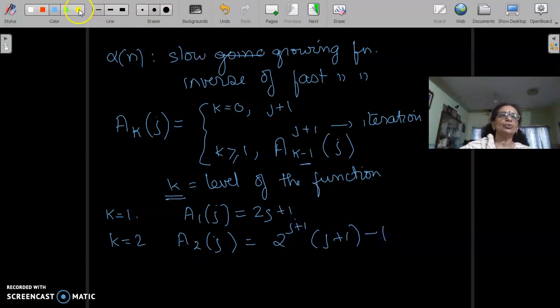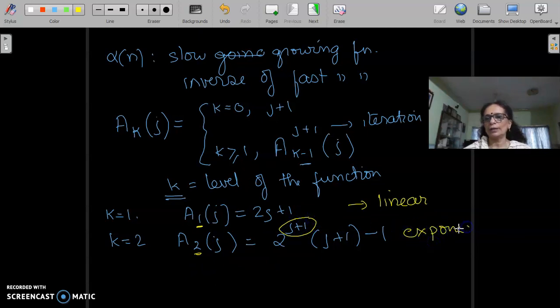So these were the two lemmas which dealt with level in a certain sense. We can see that the level makes a difference, because the a_1 function changes linearly with j, whereas the a_2 function, when level is 2, changes exponentially with j. So a_1 and a_2 have different ways of growth.